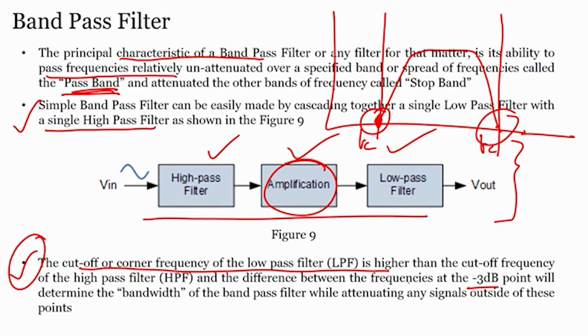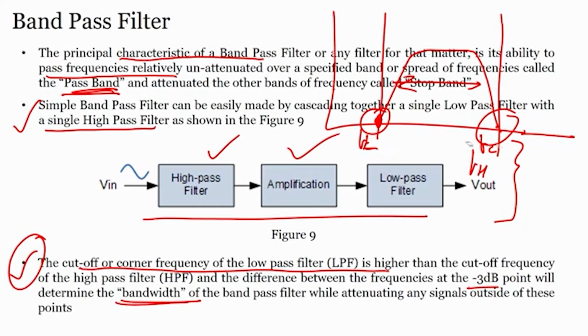If I say this is f L and this is f H, then the difference between f H and f L is my band of frequencies that I want to pass. So, the difference between the frequencies at the minus 3 dB points will determine the bandwidth.